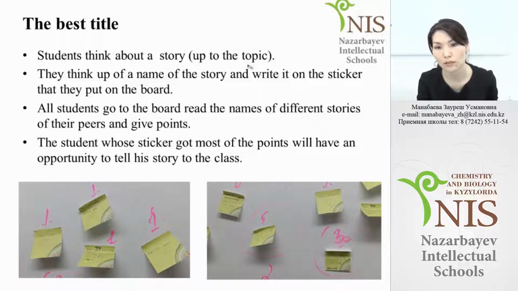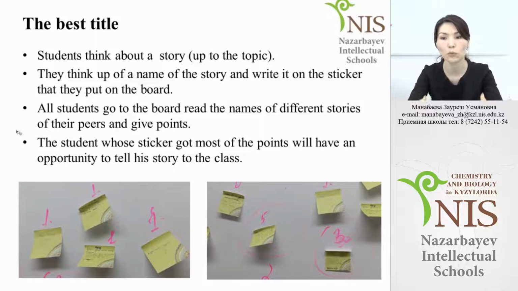So students think about a story. The topic can be chosen according to the unit that we are considering. They think up a name, they put it on the board, the students go to the board, read the names of different stories of their peers and start giving points.